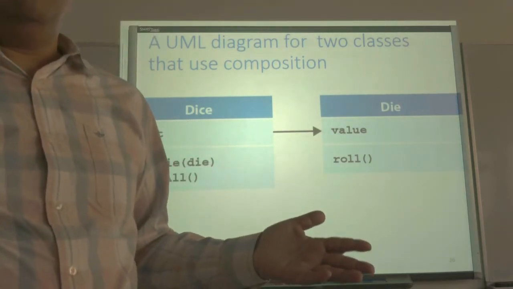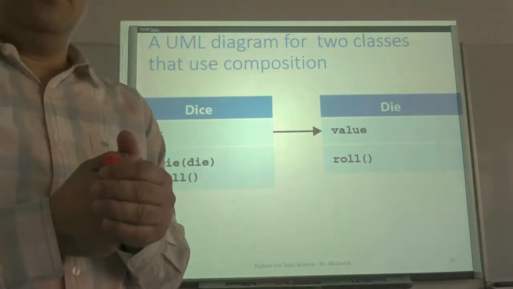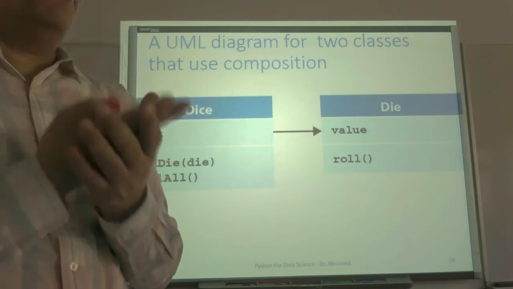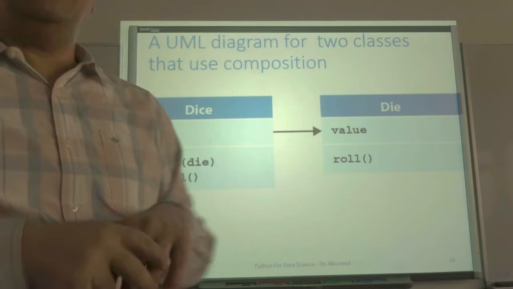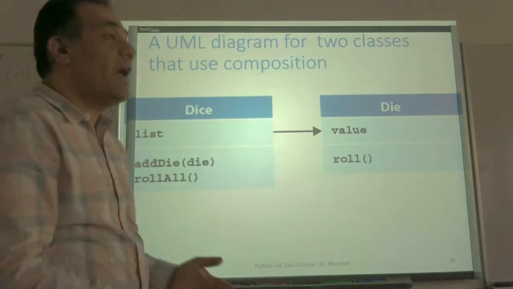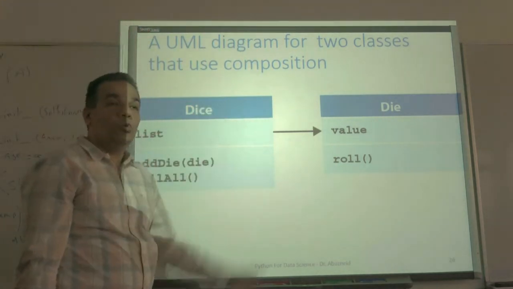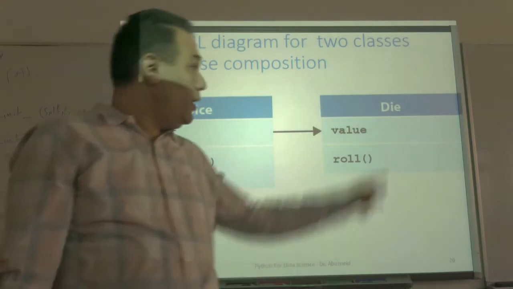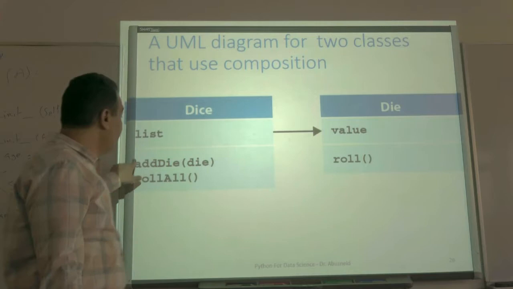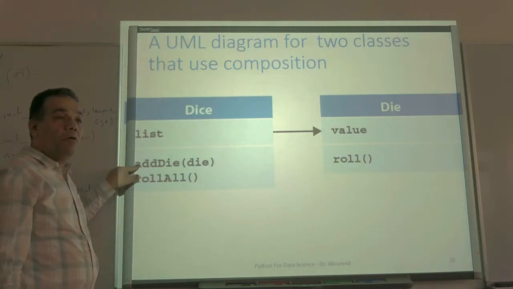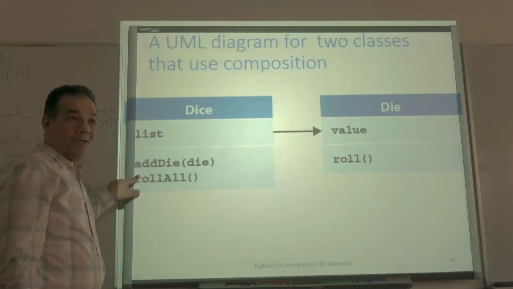No. Okay, I have a die. It has one method, which is roll, and has one value. I created another class which could have one or more, as many as you want, die. I could add a die. I could also add a function in here to remove a die, if I need to.